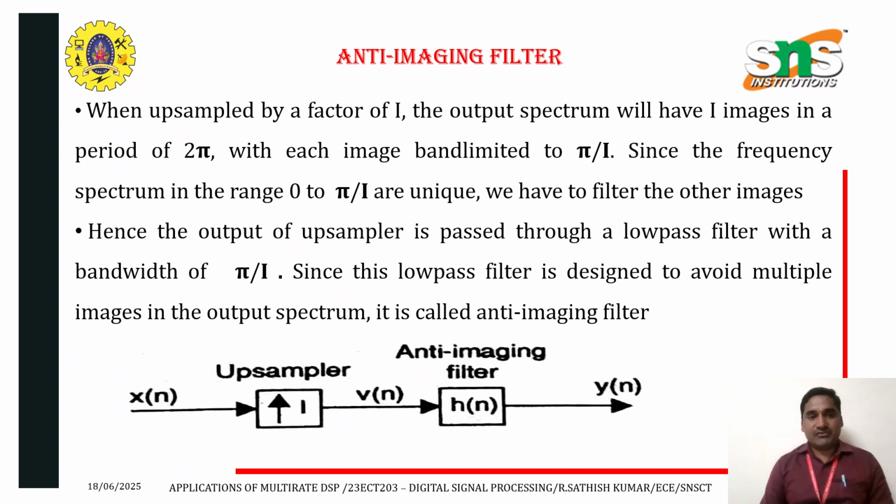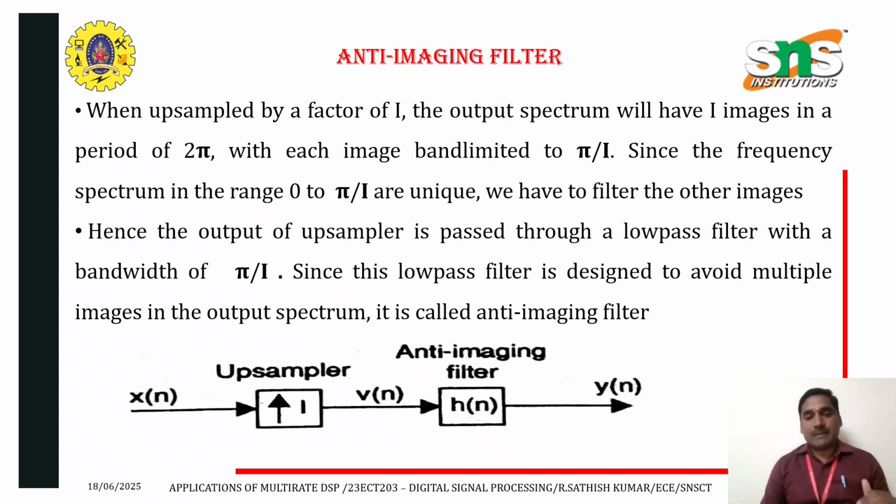Next one, anti-imaging filter. When upsampled by a factor I, the output spectrum will have I images in the period of 2 pi. Each image is band limited to pi by I. Since the frequency spectrum in the range 0 to pi by I is unique, we have to filter out the other images.